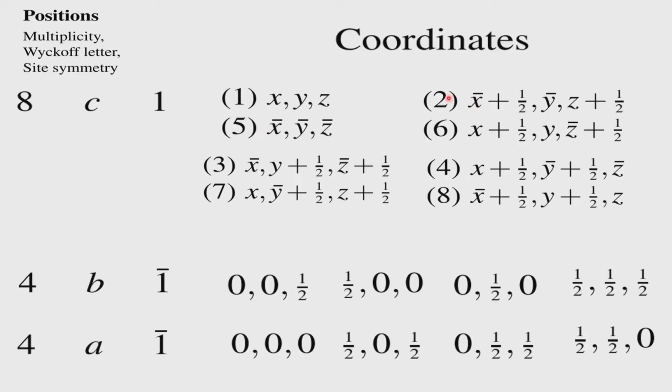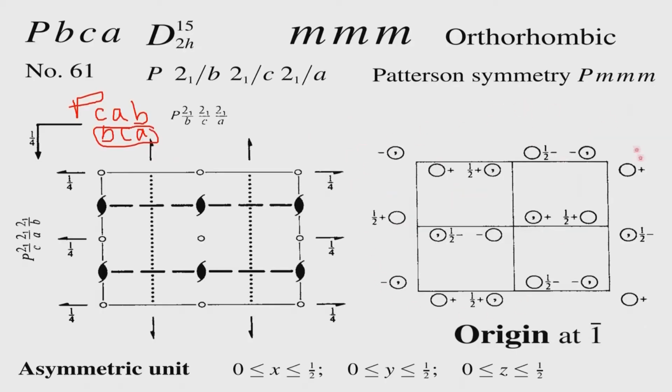Like that I want you to mark 1, 2, 3, 4, 5, 6, 7, 8, the 8 equivalent points in this diagram. And in this diagram we already know there are 8 equivalent points because Z is equal to 8. So I want you to isolate and identify the equivalent points which we have in the next slide with respect to 1 to 8, whichever is there inside the unit cell.